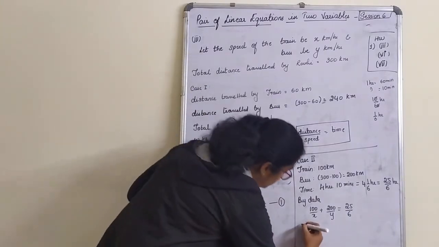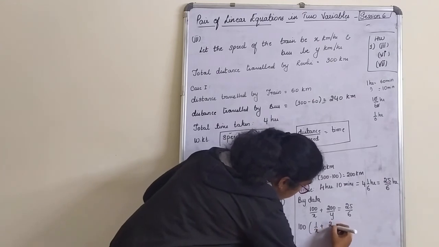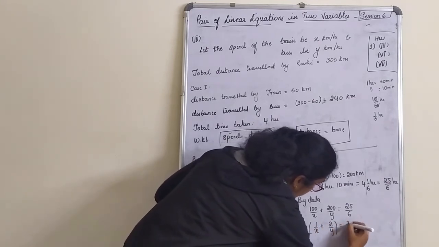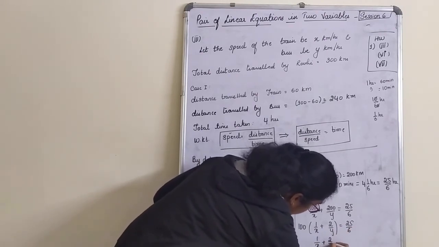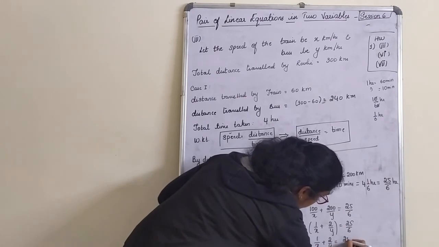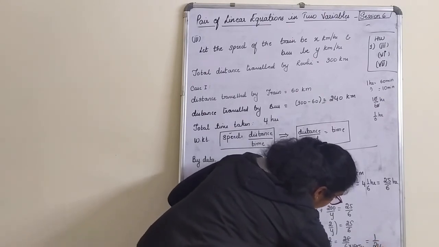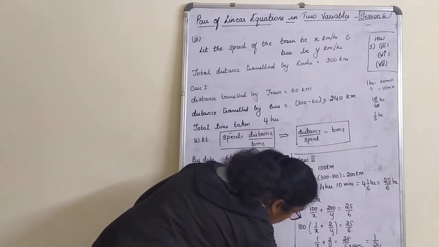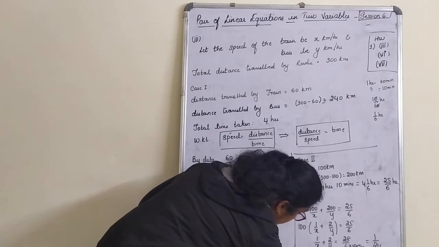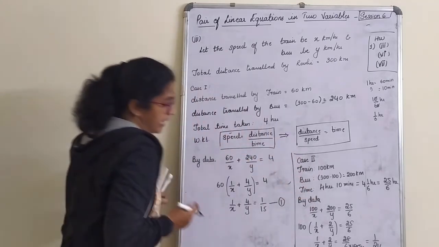I'll take 100 common. 1 by x plus 2 by y is equal to 25 by 6 into 100. 25 ones are 25, fours are 100, so 1 by 24. So what is the final equation here, children? 1 by x plus 2 by y is 1 by 24, your second equation.